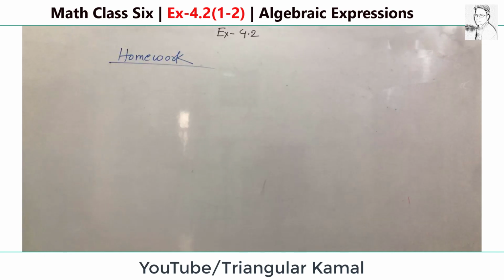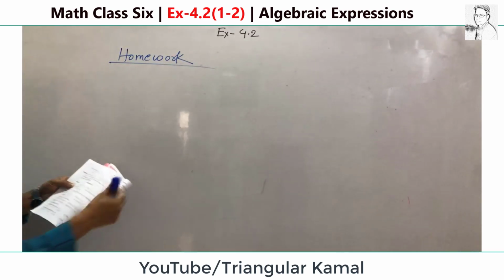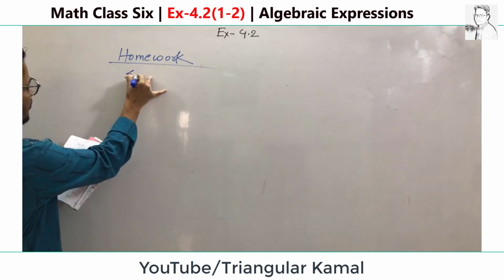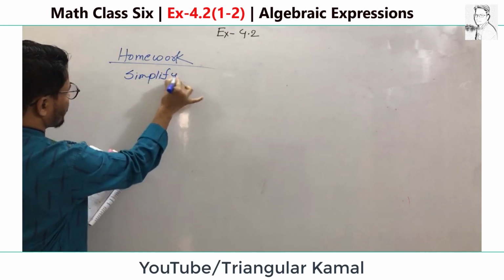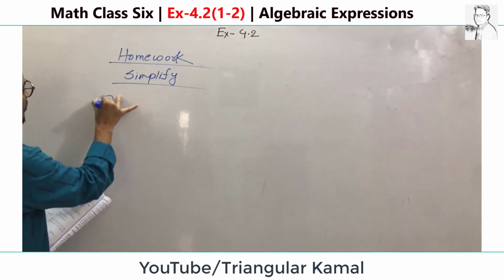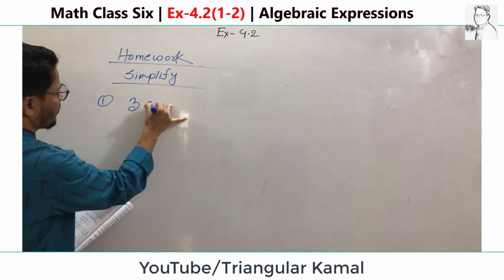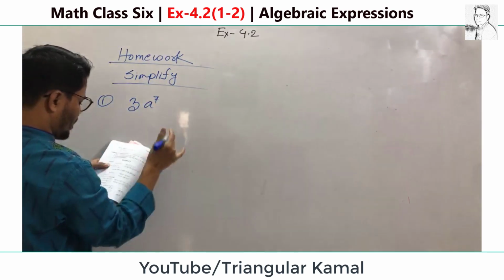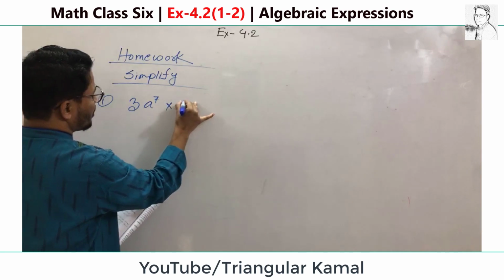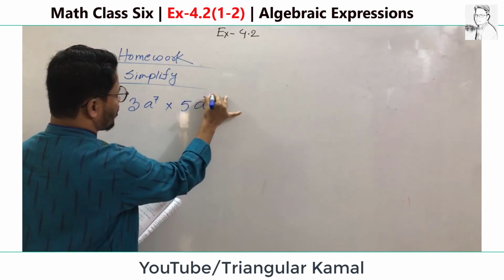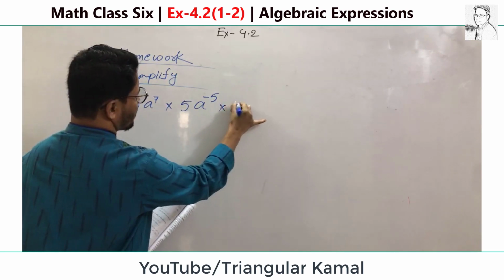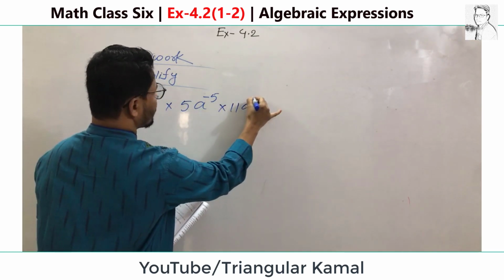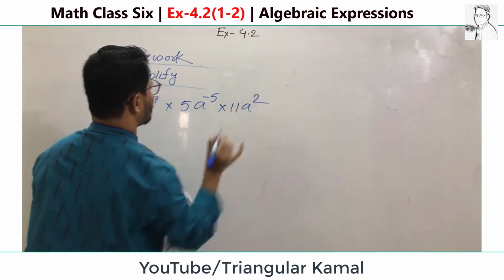The first question: 3a to the power 7 multiplied with 5a to the power minus 5 multiplied with 11a to the power 2.